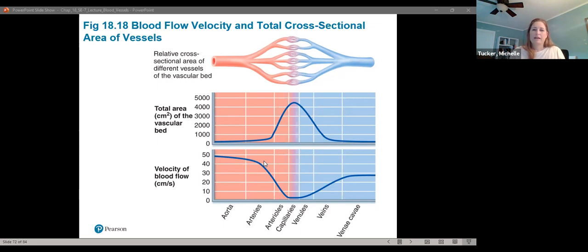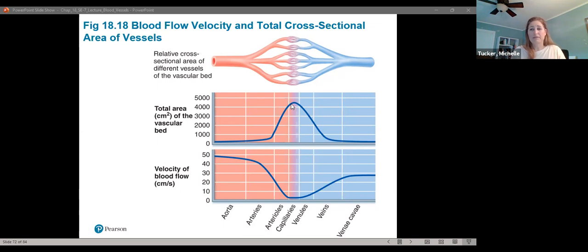At the level of the capillaries, so we branch from the aorta to arteries to arterioles, and then we get to these capillary beds, the area greatly increases, up to about 4,500 square centimeters. So a lot of area. And so now that blood has branched out, like we were traveling on this gigantic freeway, and now we're off on these itty bitty teeny tiny country roads.